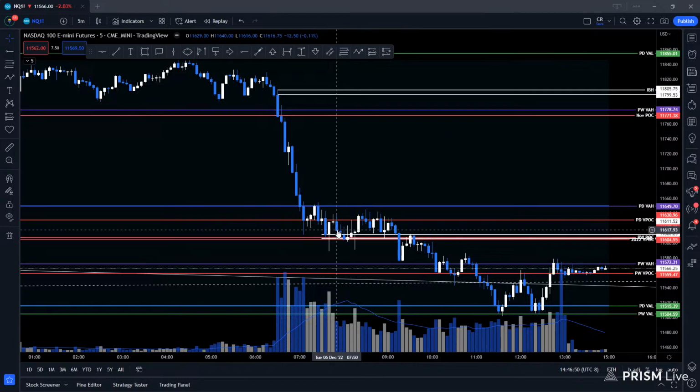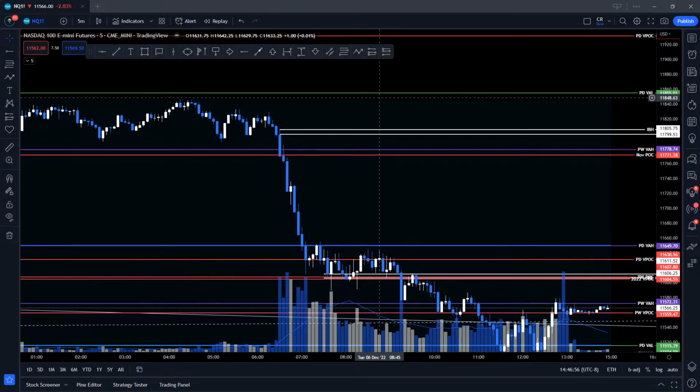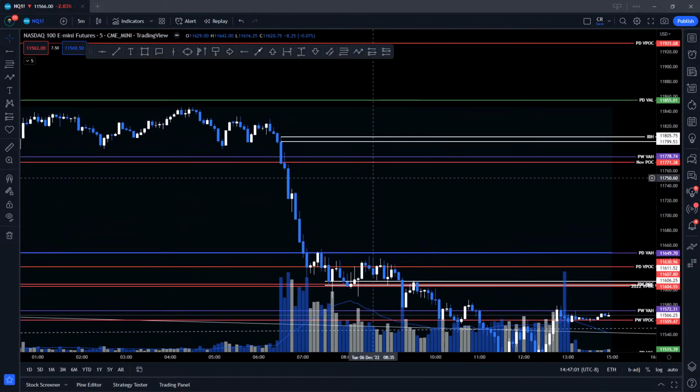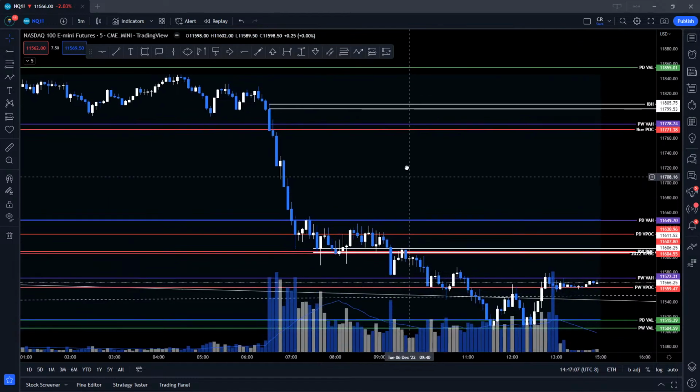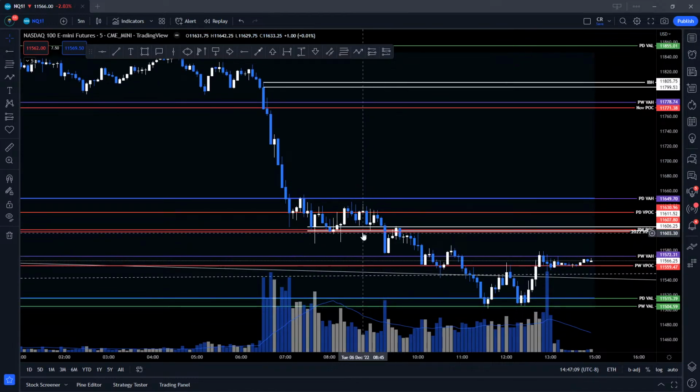And if you have a 5-minute candle close below this, then 88% chance that you're not going to go past your IBH. And if you have a 3 or 5-minute candle close above your IBH, 88% chance that you won't go below your IBL. Does that make sense, Key?